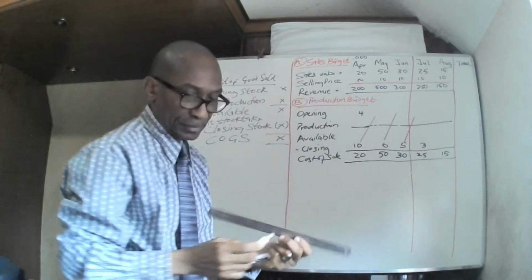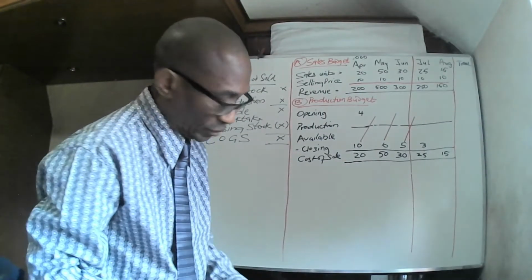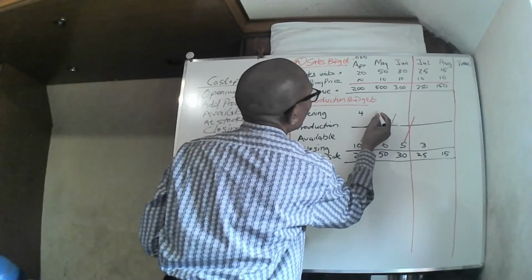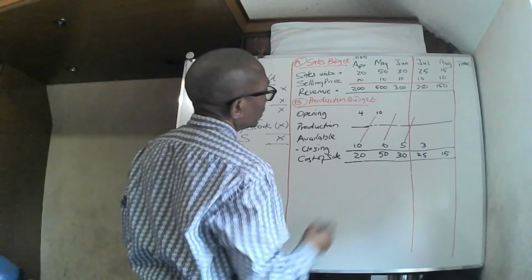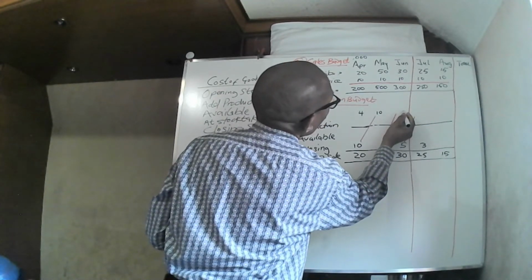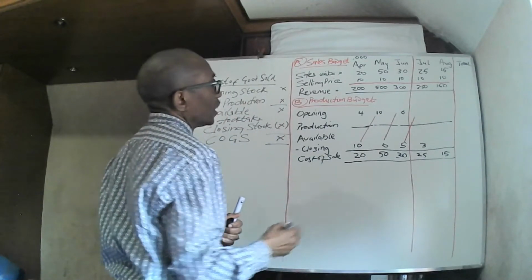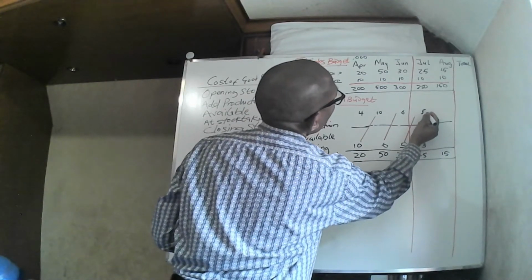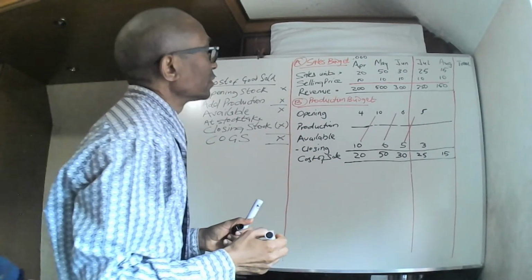All right. So my 10 closing becomes opening for May. My 6 closing for May becomes opening for June. And my 5 closing for June becomes opening for July. Okay.